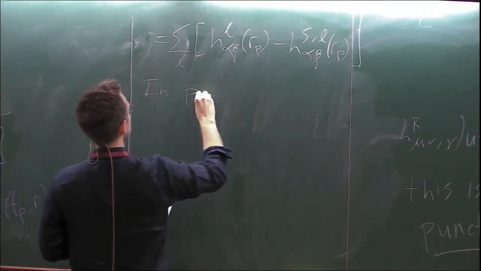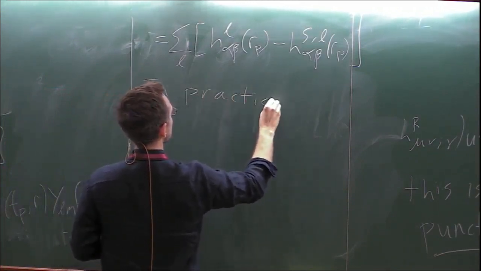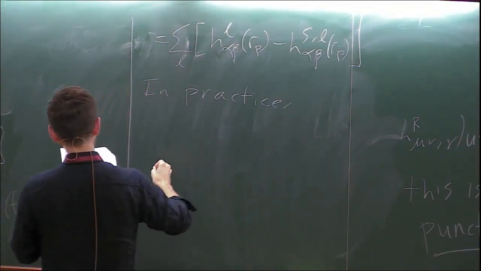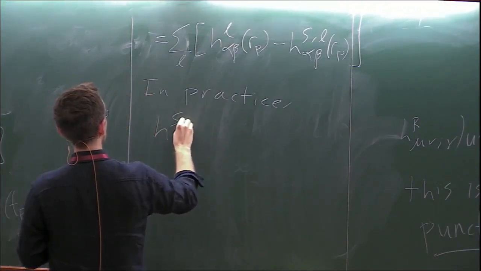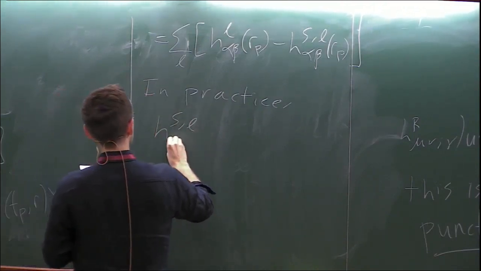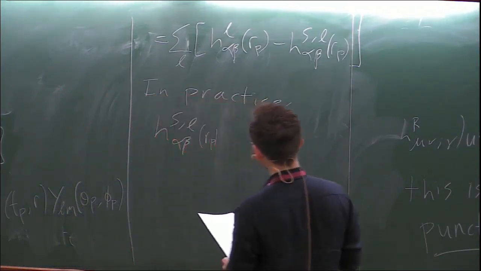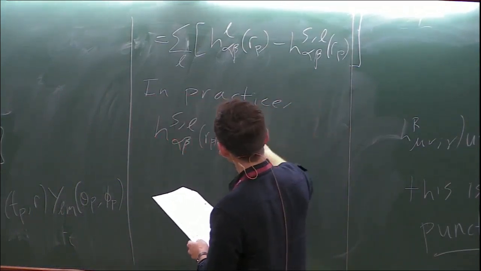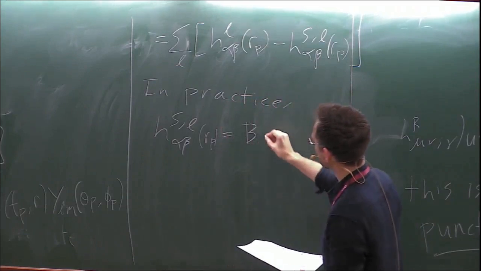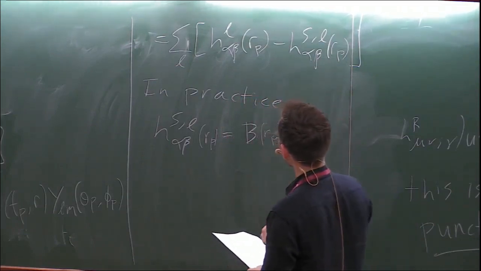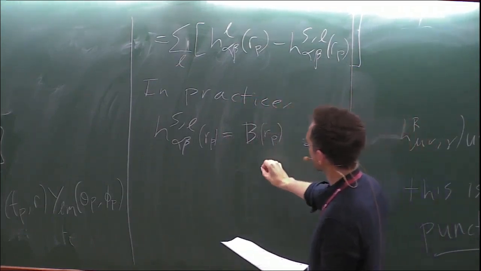Now in practice, we find that H^S_L alpha beta at R_p in the Lorentz gauge is just equal to a number. Well, a number that depends on R_p, with no L dependence.